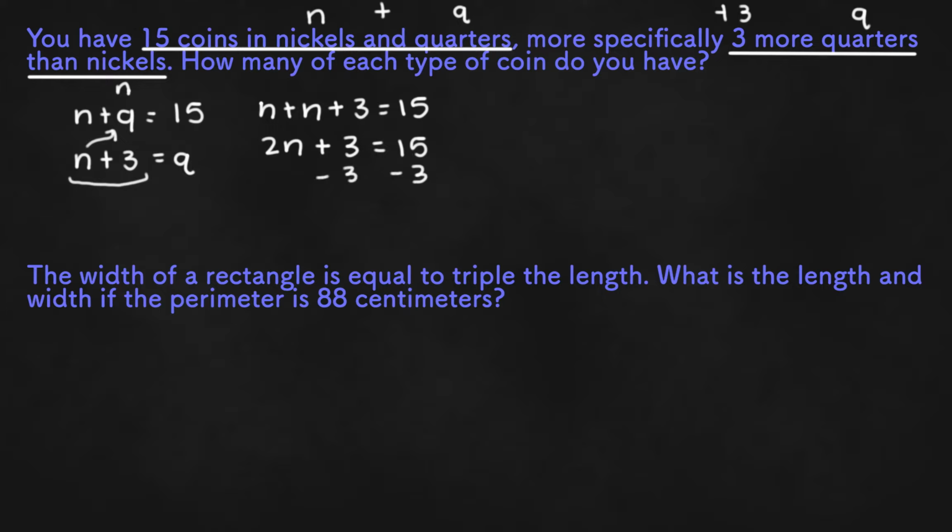Subtract both sides by 3, and you're left with 2N equals 15 minus 3, or 12. I'm going to rewrite that right over here. Now we can divide both sides by 2 to get N equals 6.